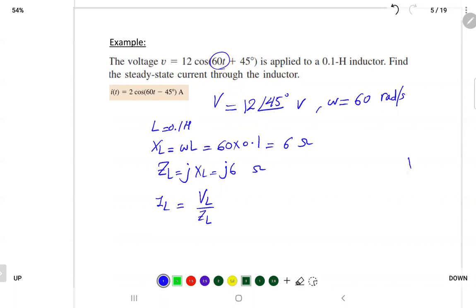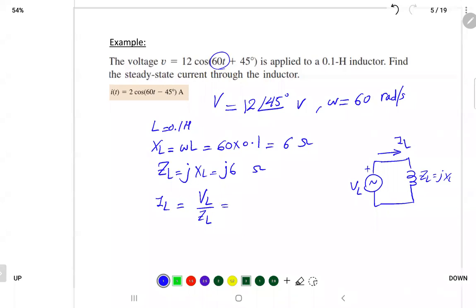No, it's the voltage applied to the inductor itself. That's ZL, which is equal to jXL, and that's the voltage applied across ZL. Because if you have a resistor in series, you have to find the voltage across the inductor to apply this rule. And that's the current through the inductor.